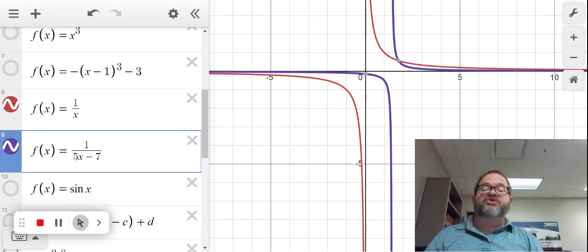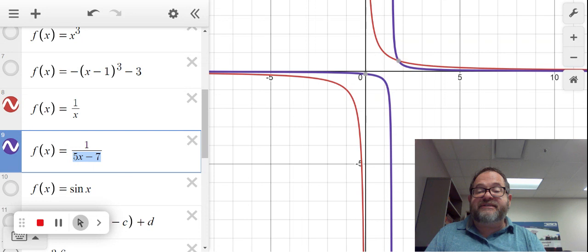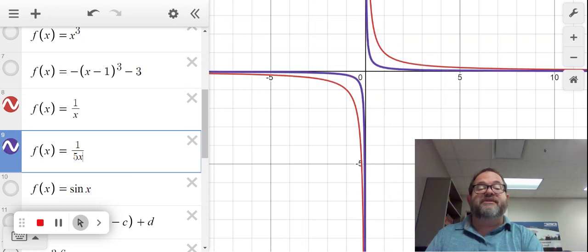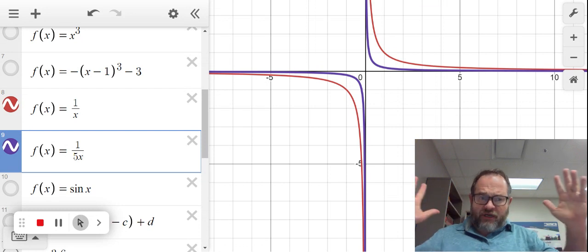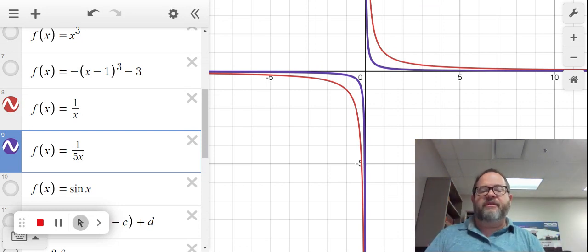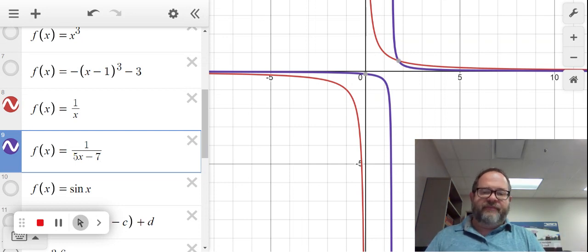The parent function is 1 over x, but we have transformed that by saying 1 over, inside the parent function, I multiply by 5, which should be squishing it closer to the y-axis. If I took out that minus 7, you'd be able to see how the blue curve is pushed closer to the y-axis. It has been compressed horizontally. And minus 7 means shifted horizontally.